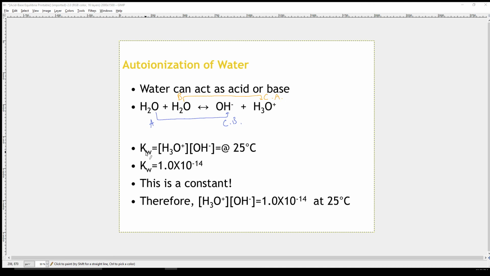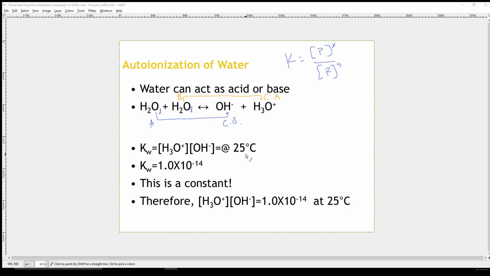Now remember writing equilibrium expressions where we'd have K is equal to the concentration of our products over the concentration of our reactants with different exponents depending. We're doing the same thing here, Kw. We know that water is a liquid, so we don't include liquids, we leave them out, which makes our equilibrium expression just hydronium concentration times hydroxide concentration.